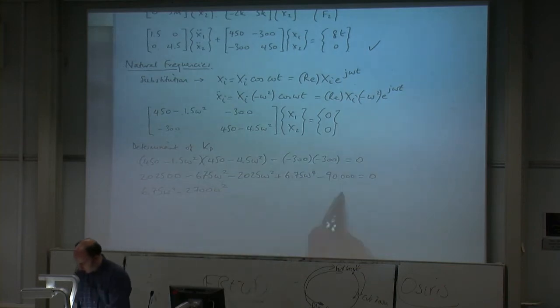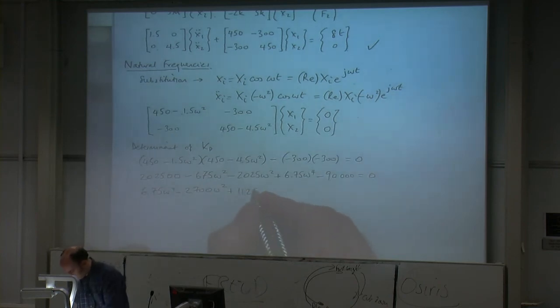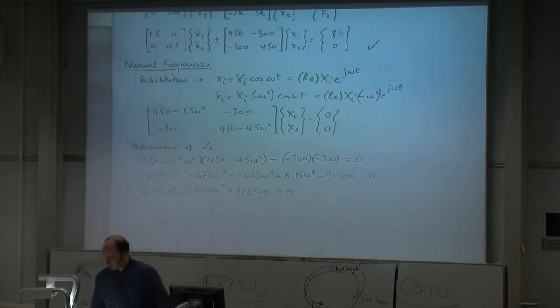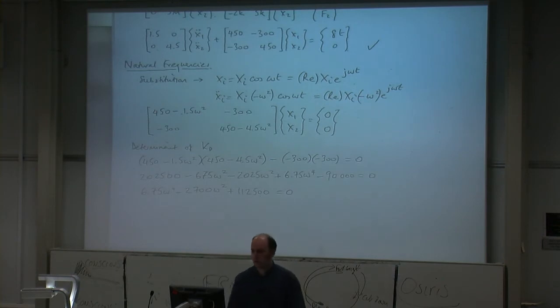And then the omega to the power of 0, we've got this term and this term, so that's going to be plus 112,500 equals 0. We have a quadratic equation, okay, in terms of omega squared.